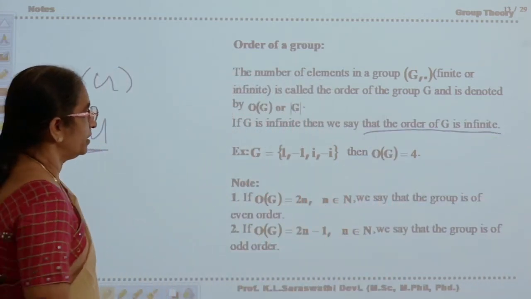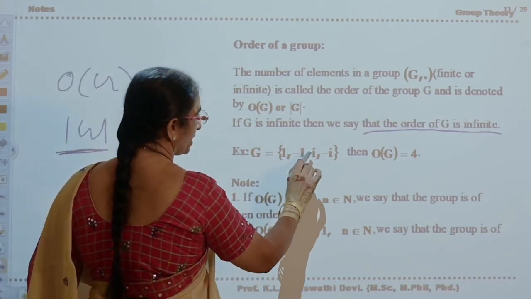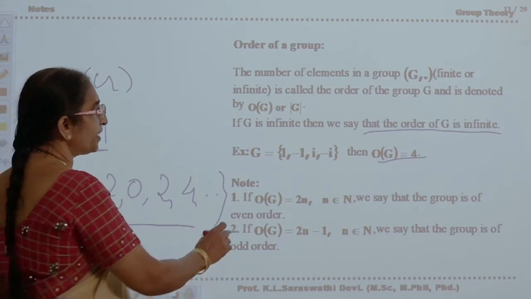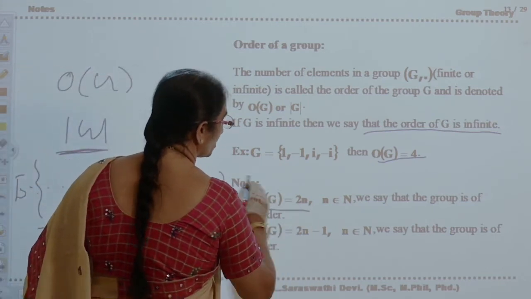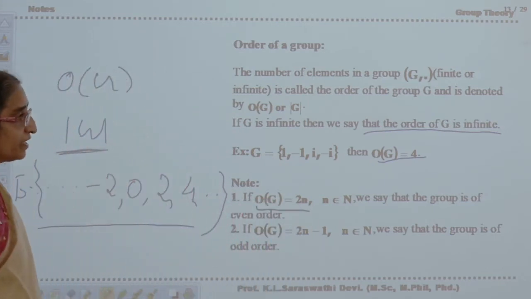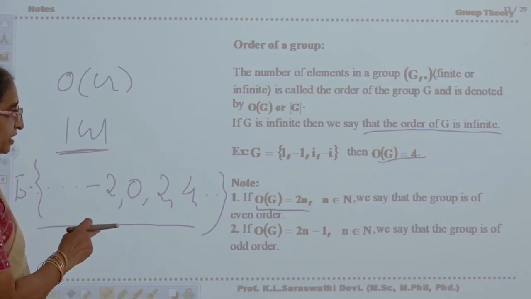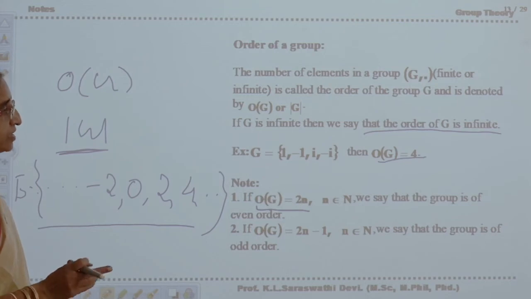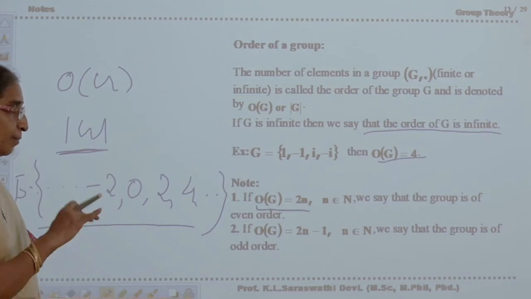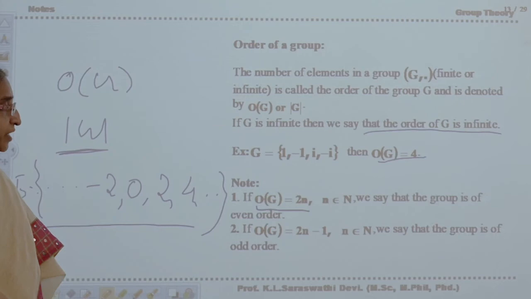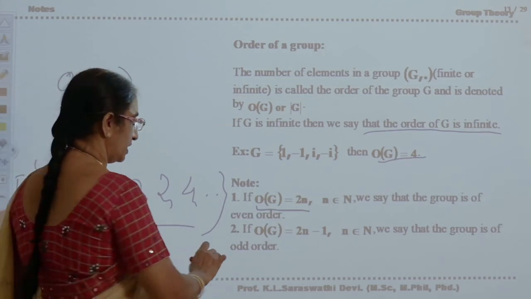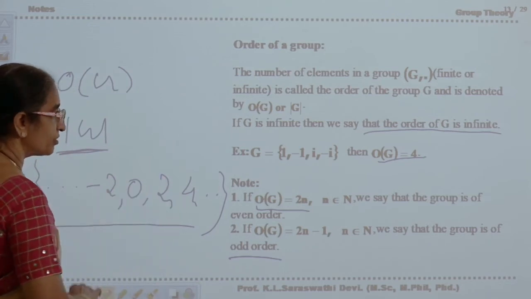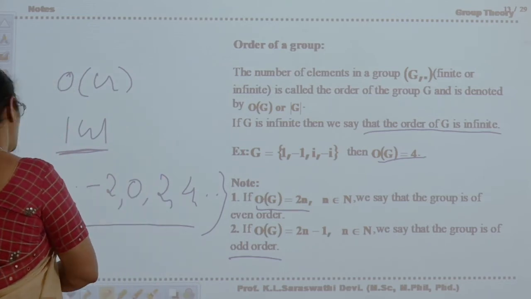Example, in the previous example you have taken 1, minus 1, i, minus i, so the order of G is equal to 4. Order of G, the number of elements in G, is equal to 2n. Similarly, we say that the group is of odd order when O(G) is equal to 2n minus 1, that is, the number of elements in G is 2n minus 1. If it is equal to 2n, we say it is of even order.